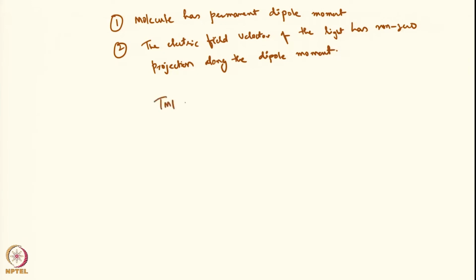So TMI will be equal to F mu naught dot epsilon. I am only looking at this part. This part needs two conditions. One is that the permanent dipole moment must be non-zero, and the electric field vector must be aligned, or have a projection, along the dipole moment. Okay. If these two conditions are satisfied, then we can look at the following, the F and I. These are what are known as necessary conditions.